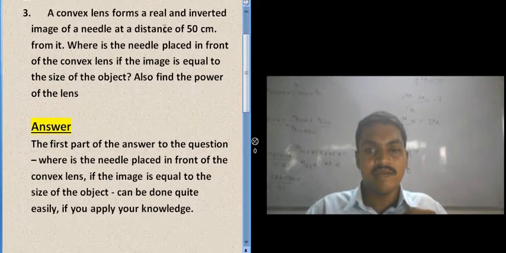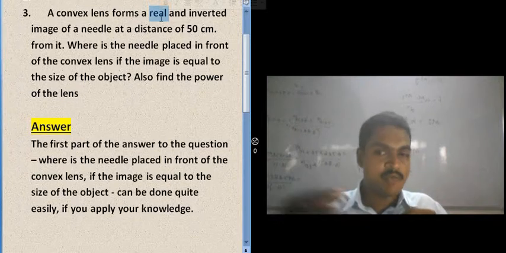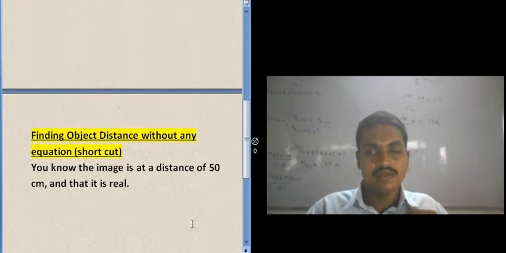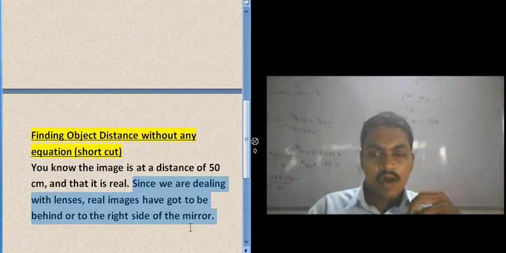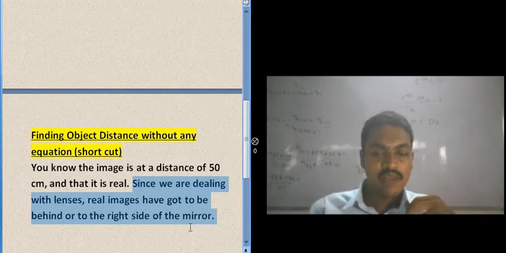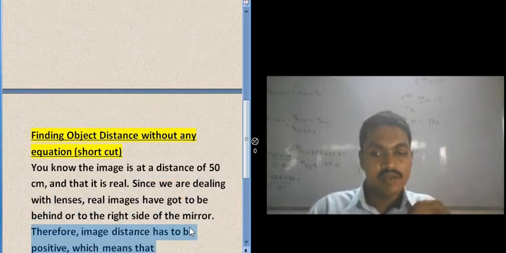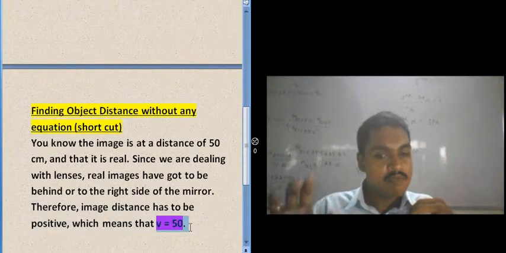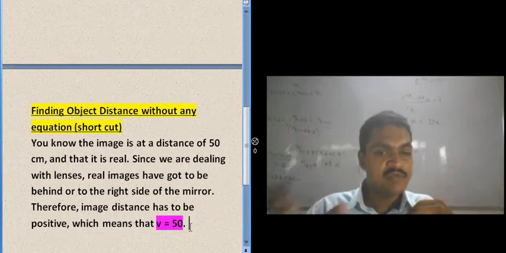So you can see real plus inverted, but we will only be looking at the real characteristic of the image in this case. Since the image is real, we are dealing with a convex lens. In a convex lens, a real image will always be behind the lens, to the right side of the lens. So the image distance V has got to be positive. So your image distance V is positive 50 cm.